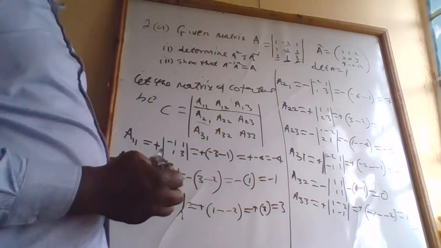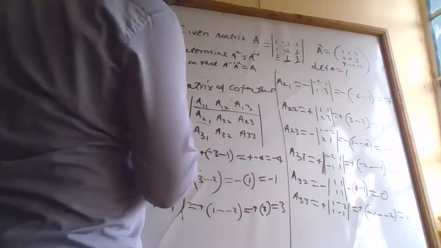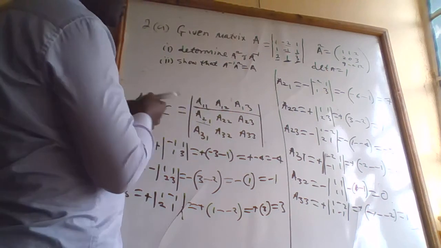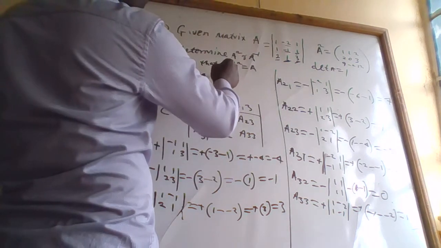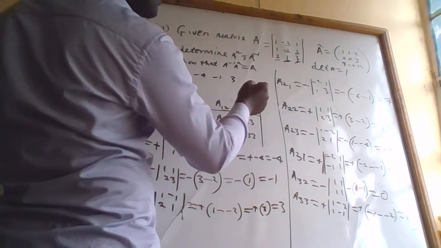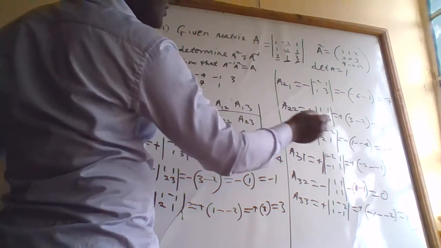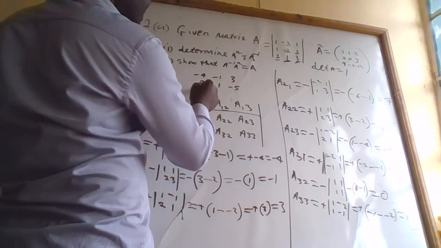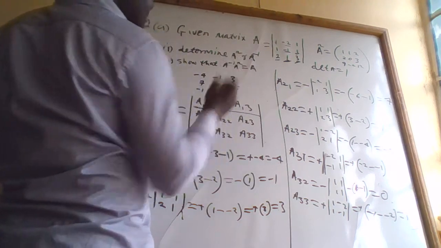Now, after getting this, we are saying that this matrix, the matrix of cofactors, we collect them. So our A11, which is negative 4, then we have negative 1, then we have 3, then A21, we have 7, we have 1, negative 5, A31, we have negative 1, 0, and then 1, like that.